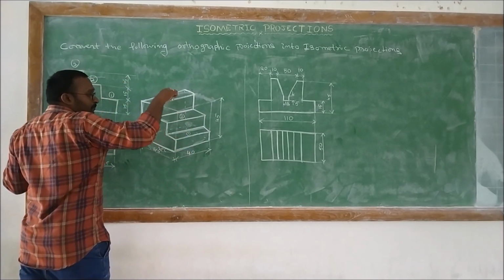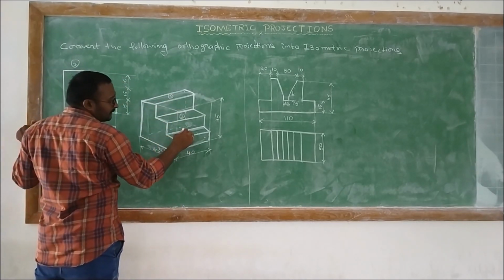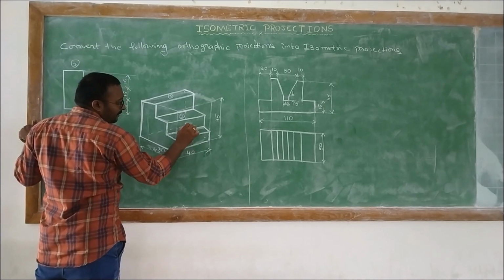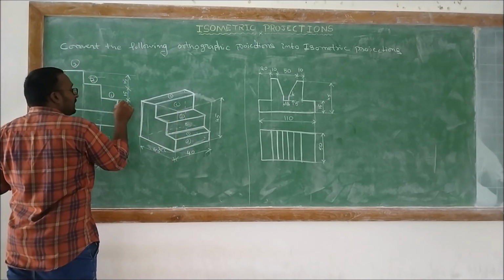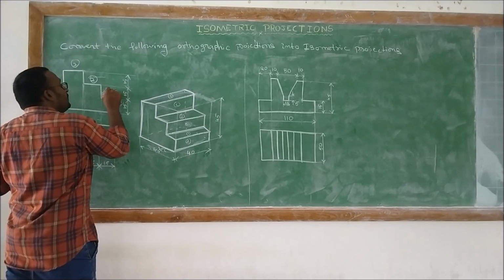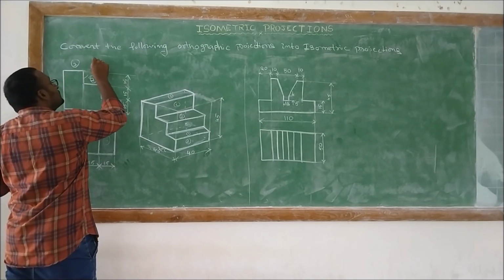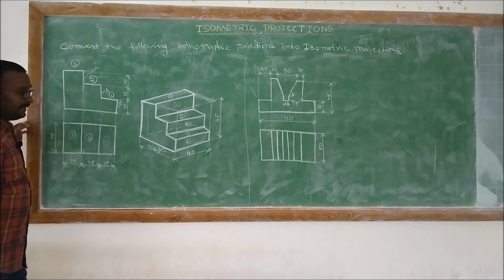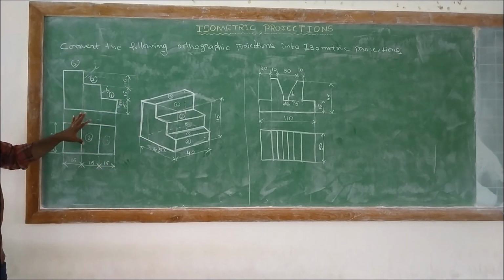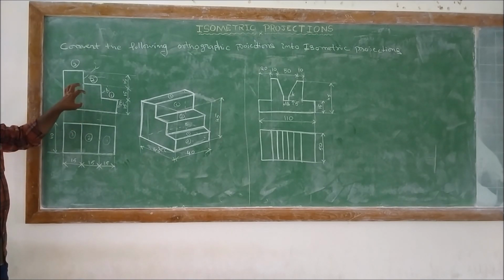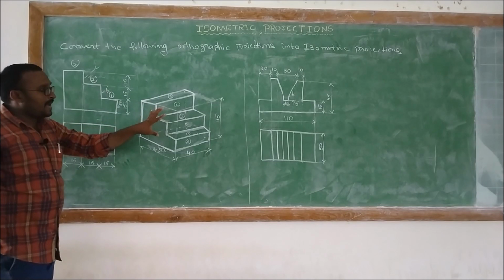So on top view, in front view there will be A, B, C surfaces. So here it is A surface, B surface and then C surface, right? So steps elevation, that is the way we need to convert that orthographic projection into isometric view.